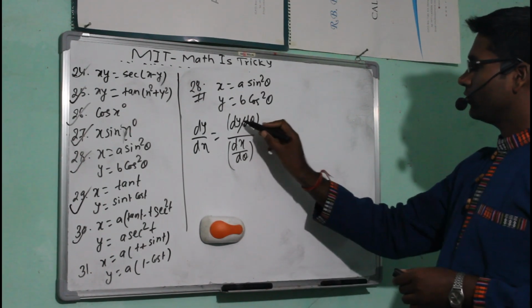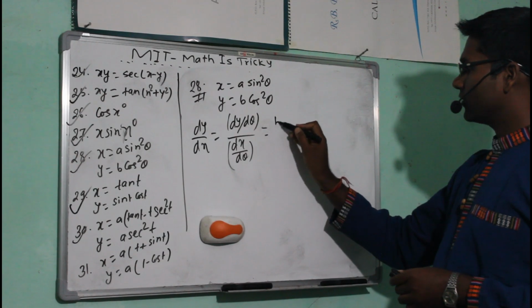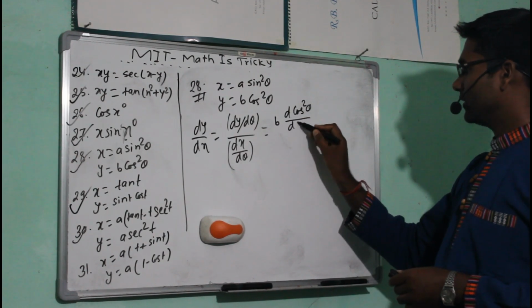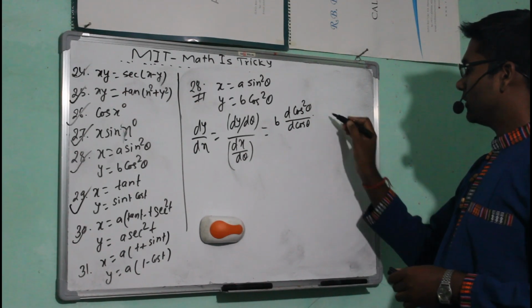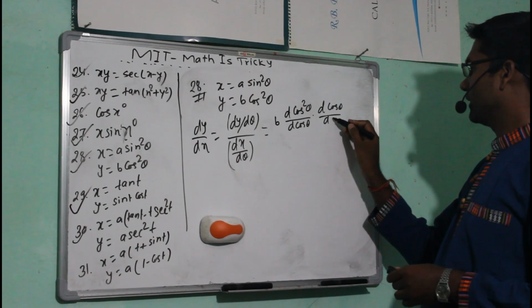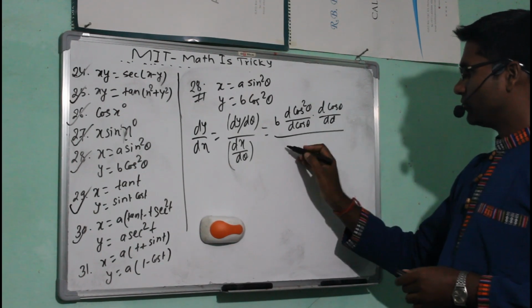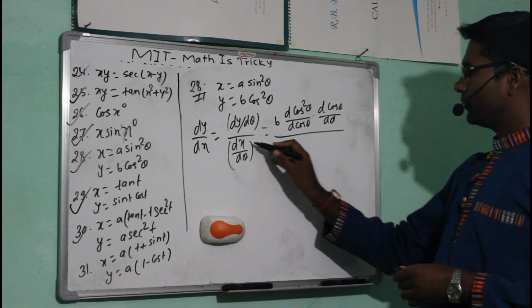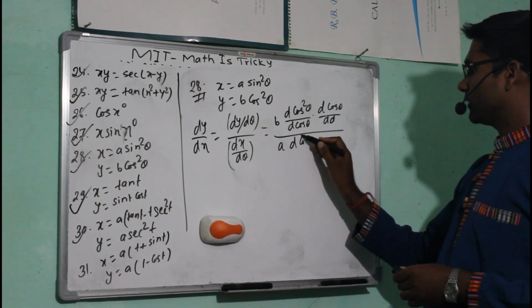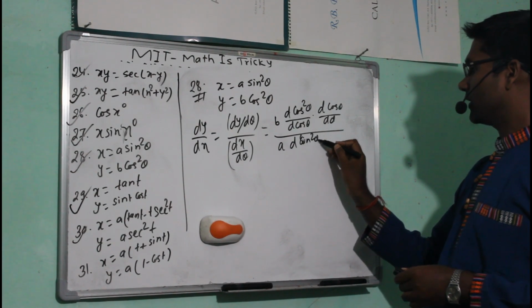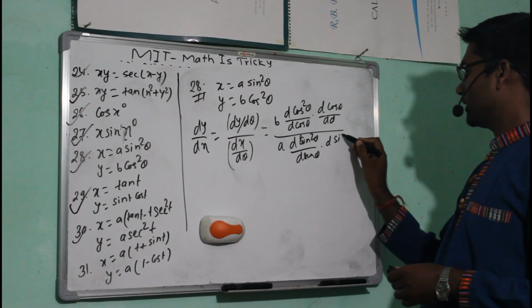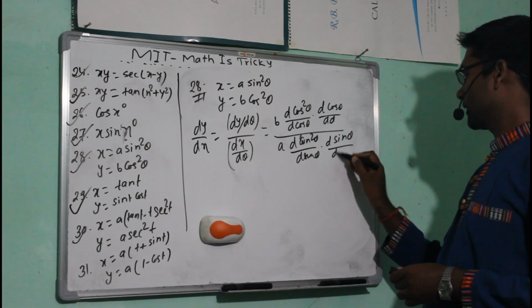While differentiating y, b is constant, so we can write d cos square theta by d cos theta into d cos theta by d theta, using the chain rule. For x, again a is constant, so let's take it outside: d sin square theta by d sin theta into d sin theta by d theta.